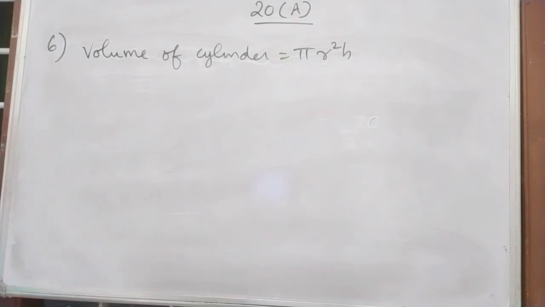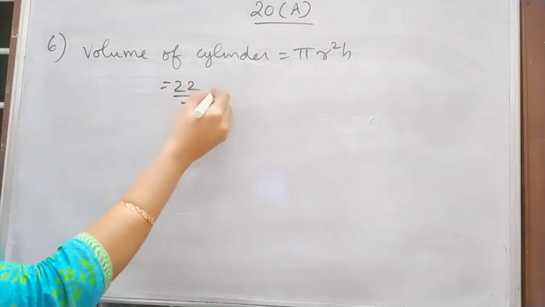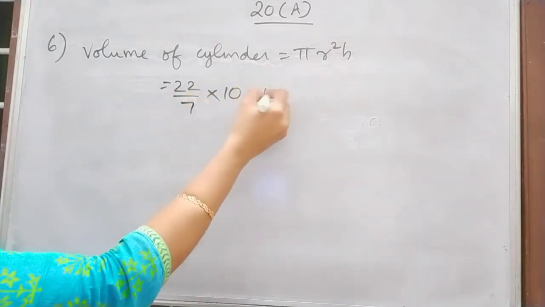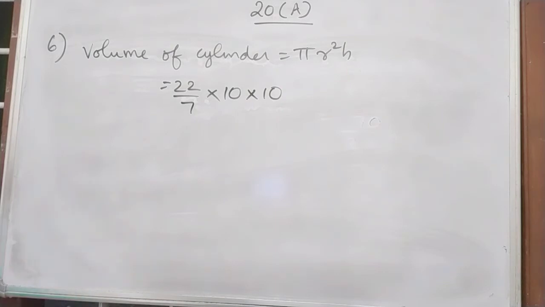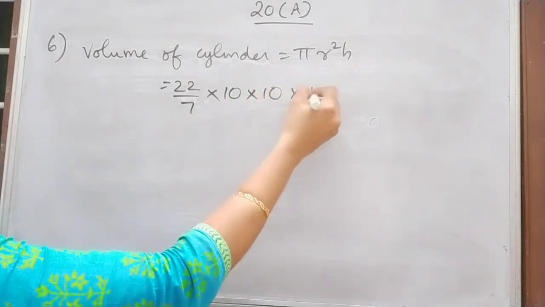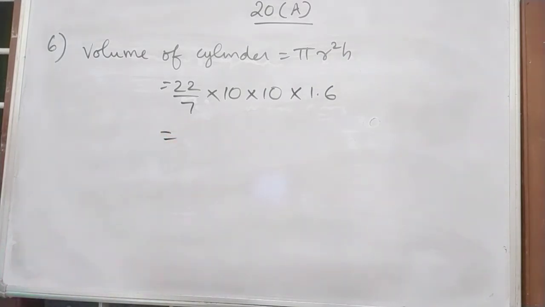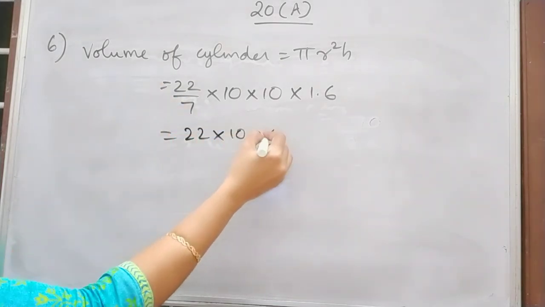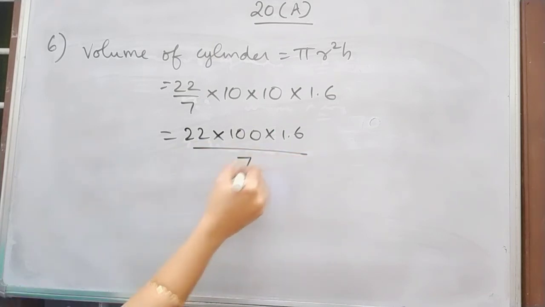Pi we can write as 22 by 7, into r is given as 10, since diameter is 20, so r is 10. Already we wrote that. So 10 into 10 into h, which is 1.6. Now we got h as 1.6 from the first part. So it will be 22 into 100 into 1.6 divided by 7.